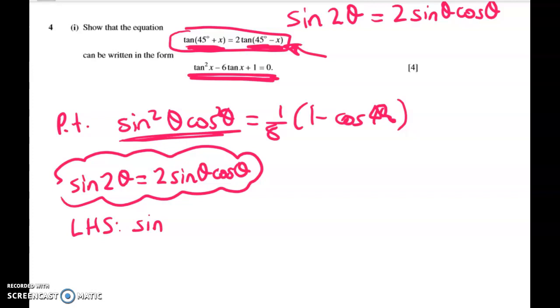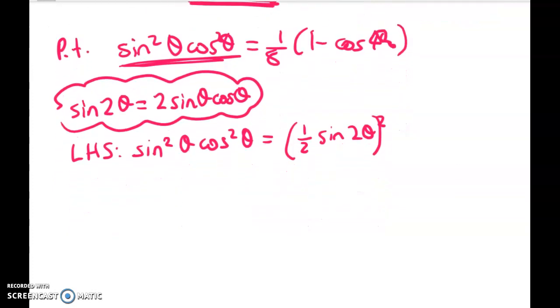So left hand side, sine squared theta cos squared theta is equal to 1/2 sine 2 theta squared, which gives me 1/4 sine squared 2 theta. Now this is where I have to do another little bit of working, and I'm looking at this cos of 4 theta.